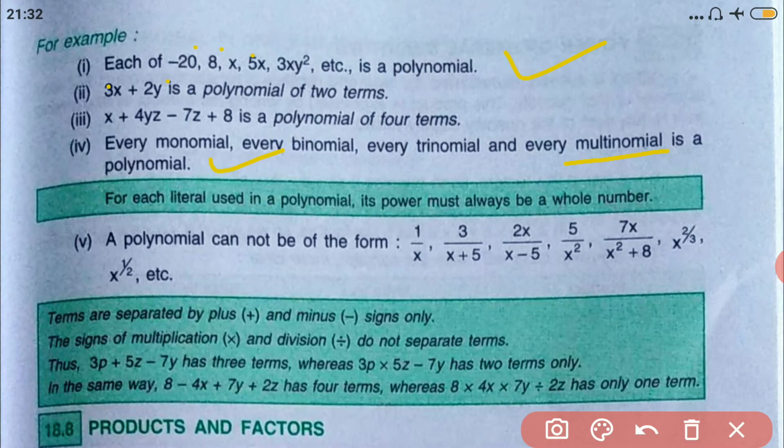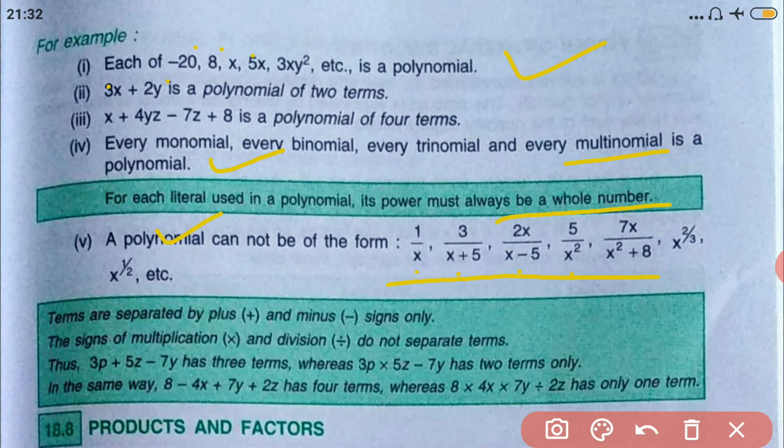Poly means many. So for each literal used in a polynomial, its power must always be a whole number, right? So if the algebraic expression has literals in the denominators, or we are having alphabets in the denominators, this kind of algebraic expression cannot be considered a polynomial, right?